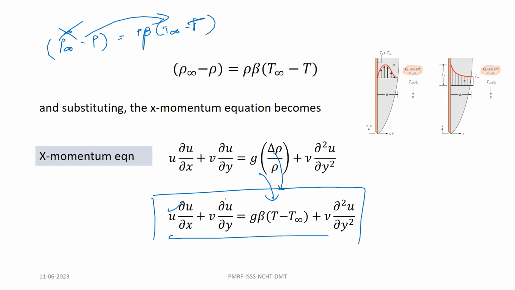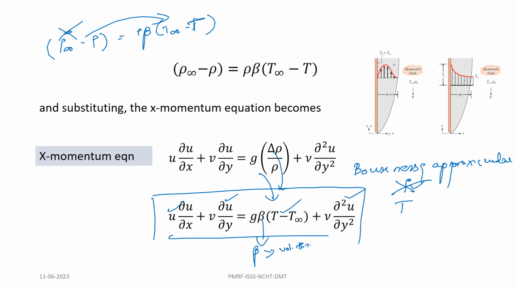Now we have velocity and temperature only. By the Boussinesq approximation, we have eliminated density, replacing it with temperature. Beta is the volumetric thermal expansion coefficient. So this is the x momentum equation. X is always the vertical direction.